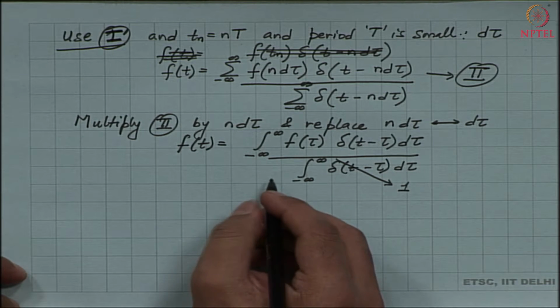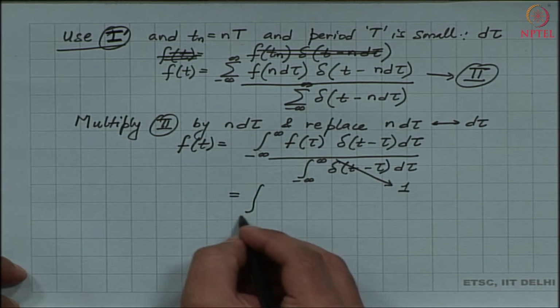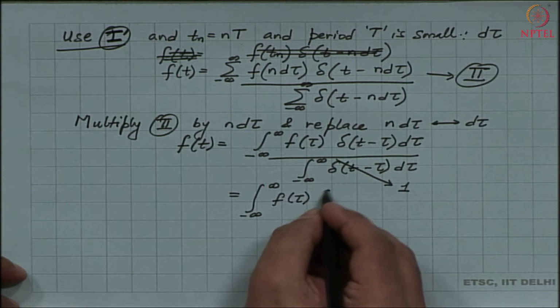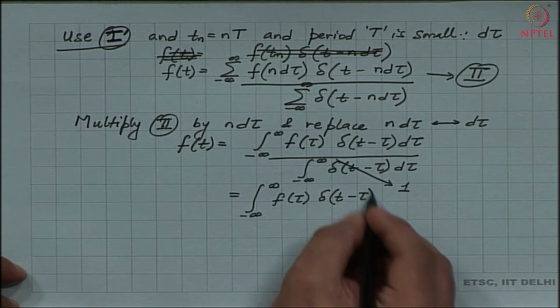So, what I have shown here is that this is the integral from negative infinity to infinity of f of tau delta of t minus tau d tau.